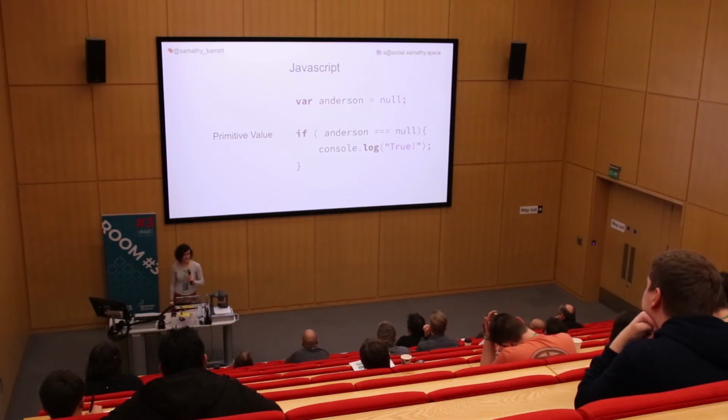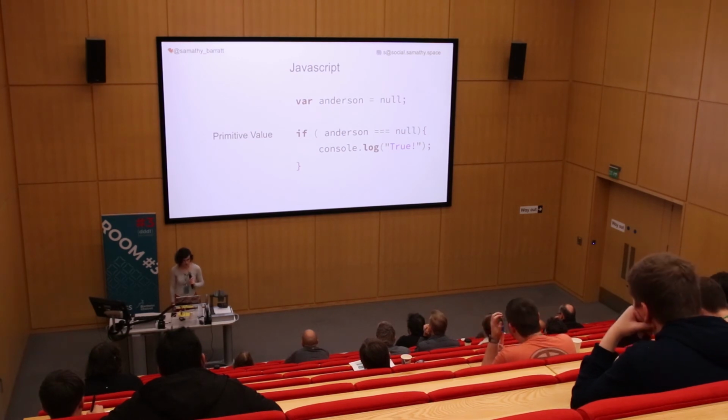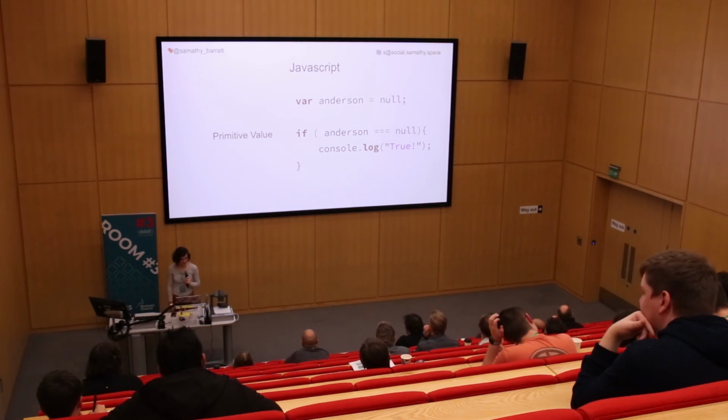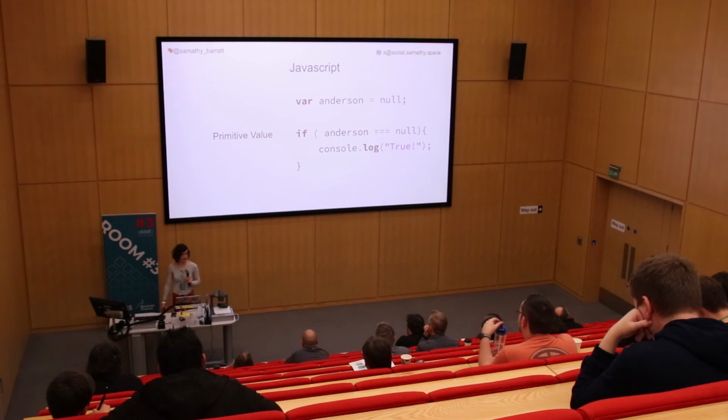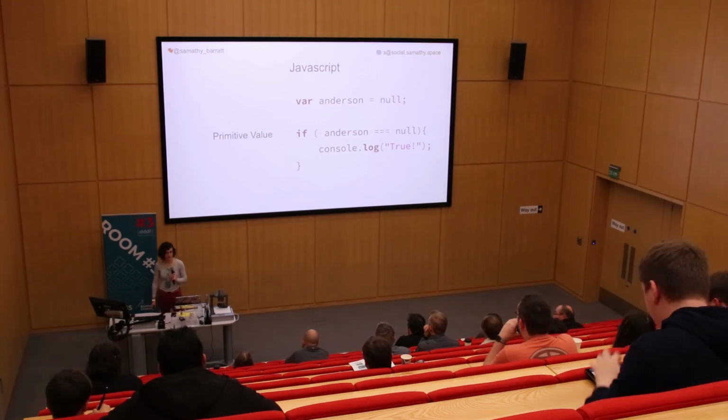It is a primitive value which has a literal, the literal null. You can assign it to anything. There's a single instance of it, but it's not an object, it's a value.